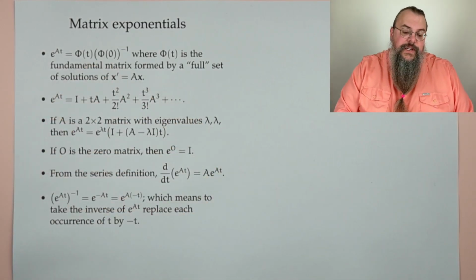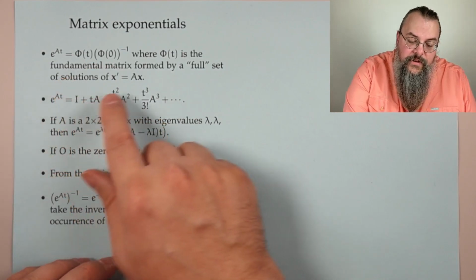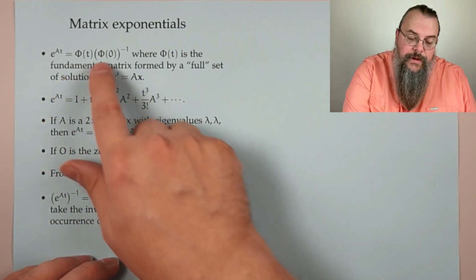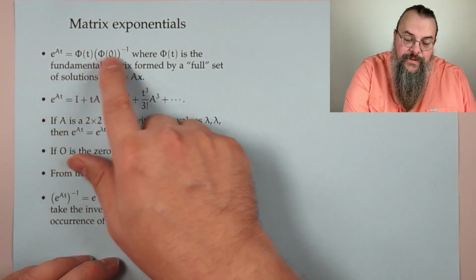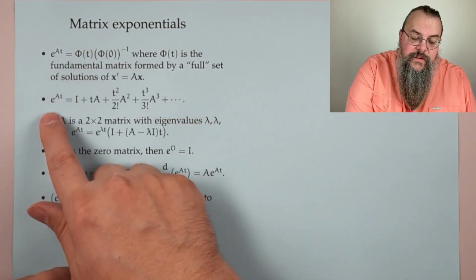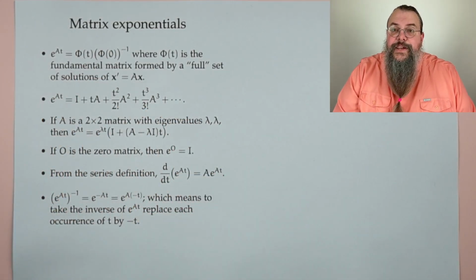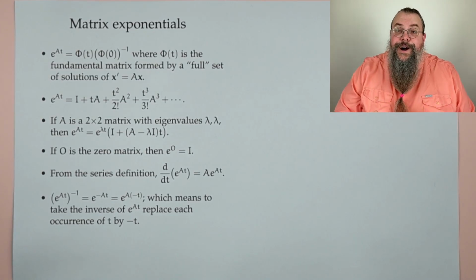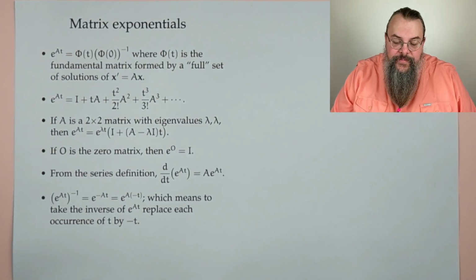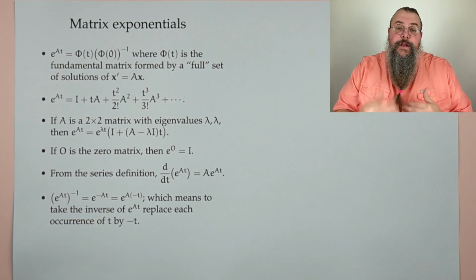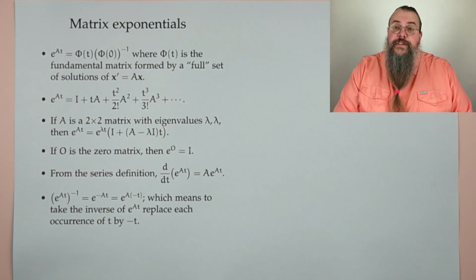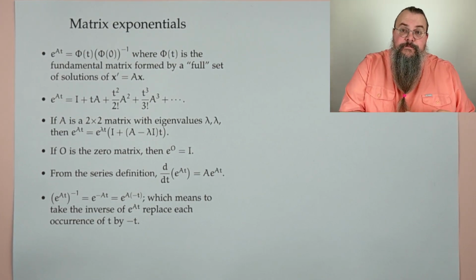In other words, if you have a matrix A and you solve x prime equals ax, compute this phi of t, phi 0 inverse, you'll get the same thing as if you plugged that same matrix A into that expression. Wow, cool. Now, one of the things that we were able to do is to say, well, there's some nice things that can happen.